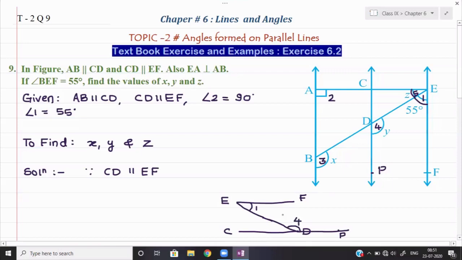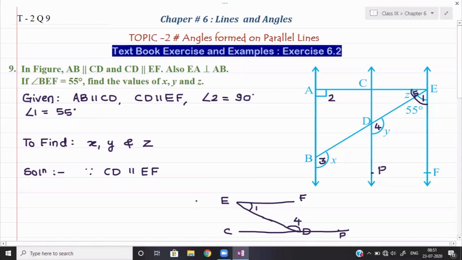Observe EDP is your angle number 4, and angle number 1 is clear, FED. FED is on the main figure, but for angle number 4 we need to take some point P at the downside, then only we can give it a name properly.